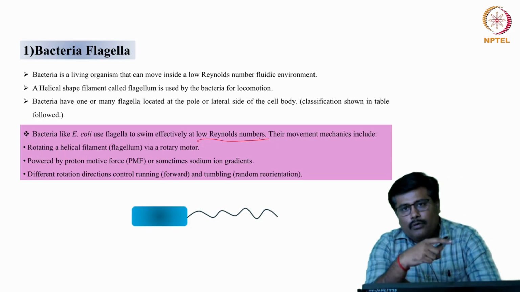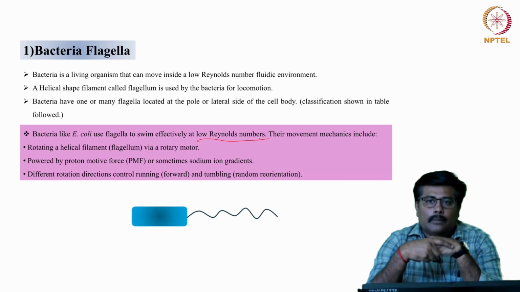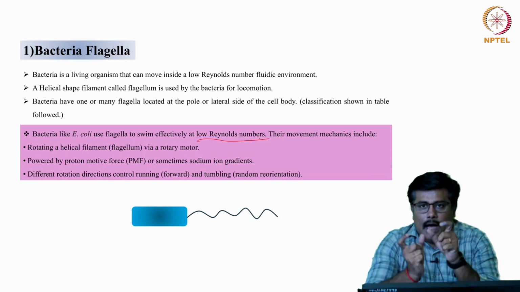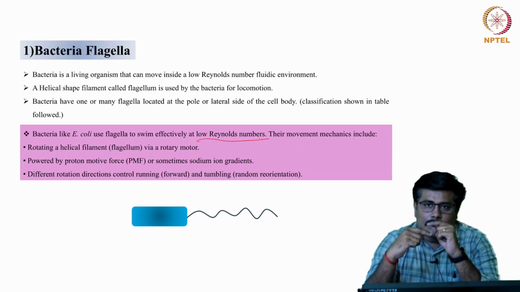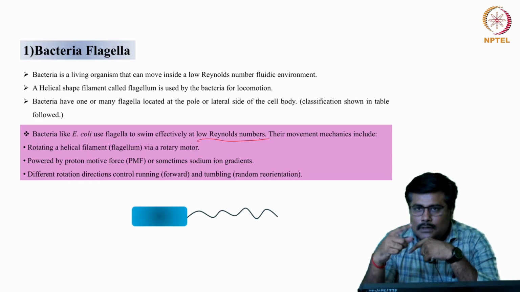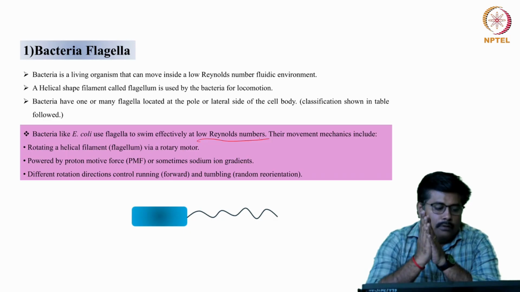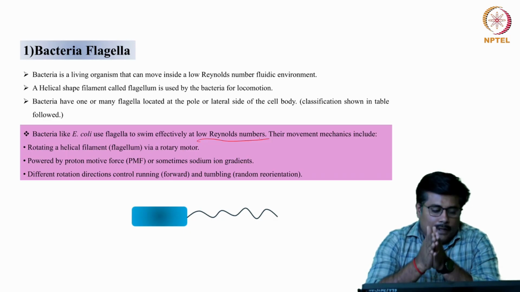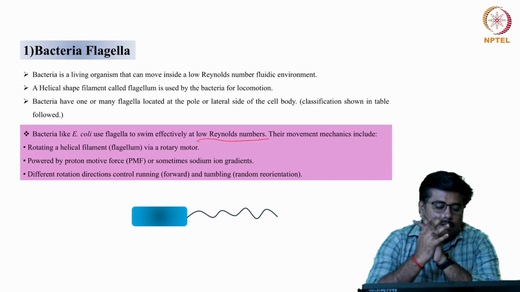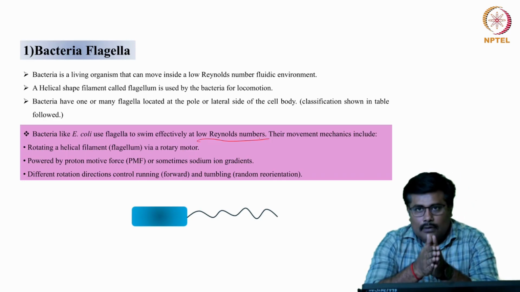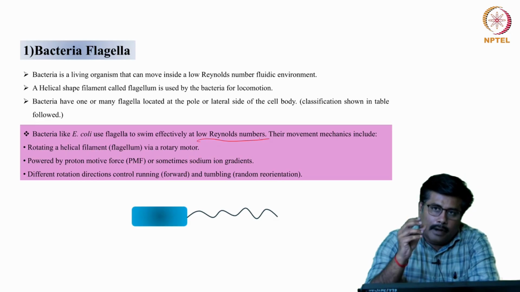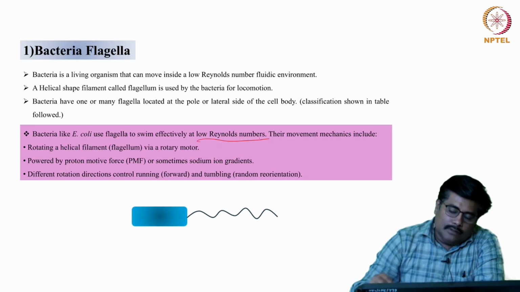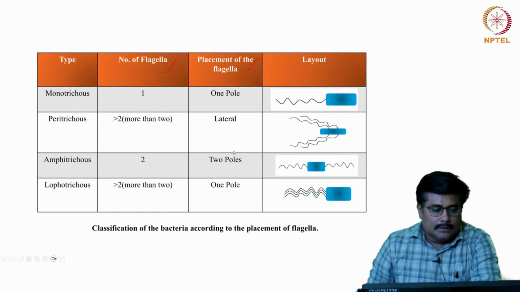These chemically stable structures heavily participate in creating the locomotion. We have different rotation directions which control running, which involves moving forward, and tumbling, which is a random orientation generated from these structures.